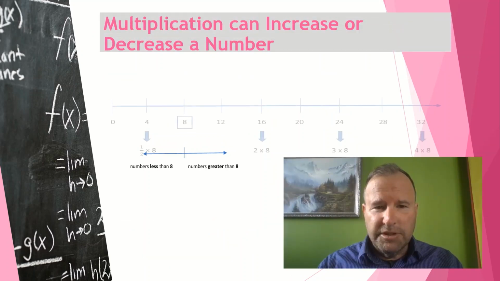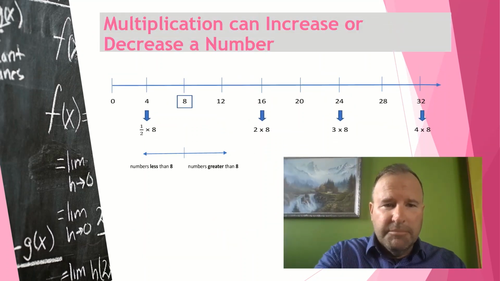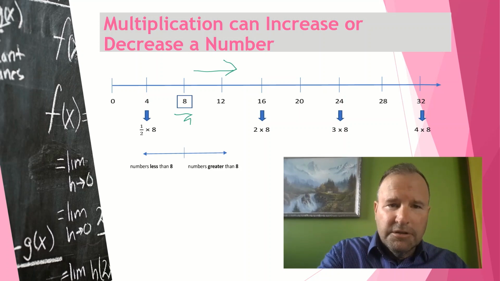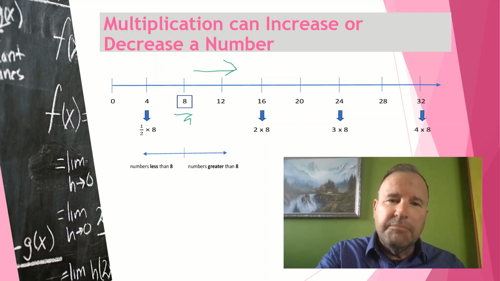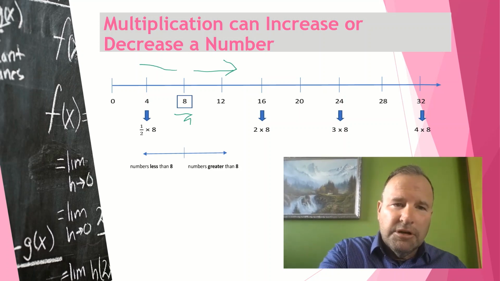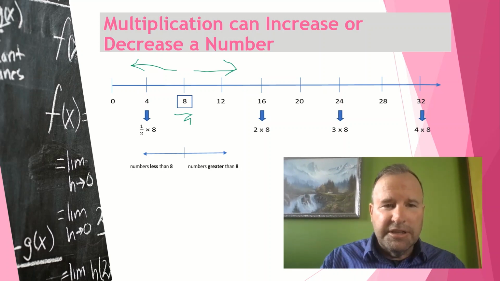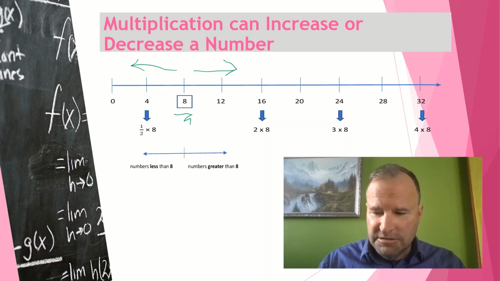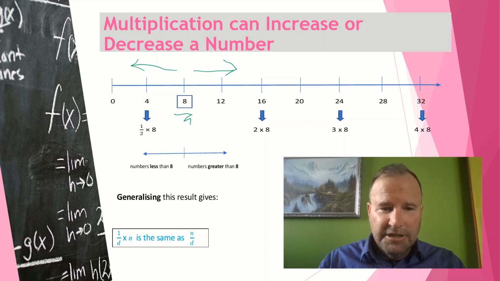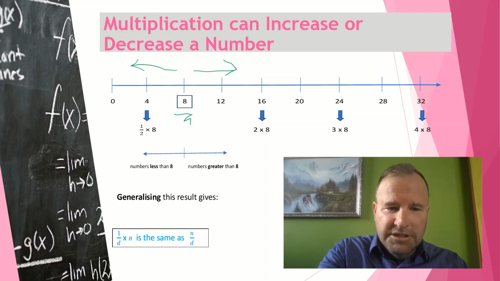So just going through the theory, we've got the number line here and the number 8. Remember, if you multiply by whole numbers or numbers greater than 1, you're going to get a number greater than 8, and if you multiply by less than 1, you're going to get a number less than 8. In terms of fractions, generalizing the result: 1 on d, where d is the denominator and n is the numerator, so we've got n divided by d.